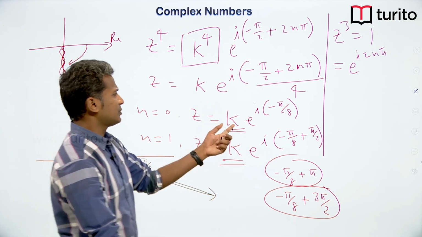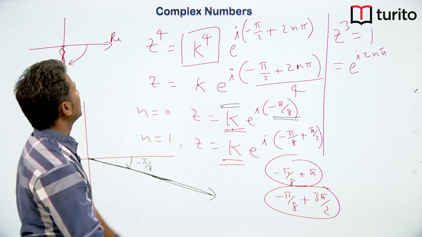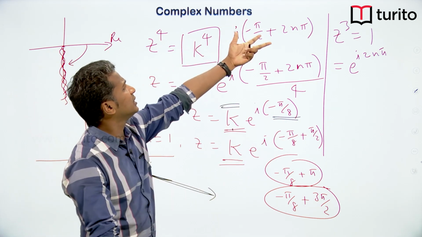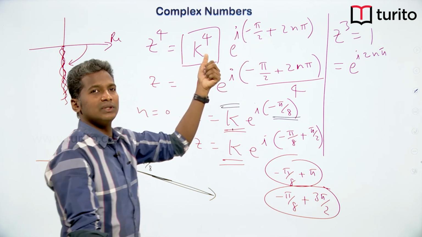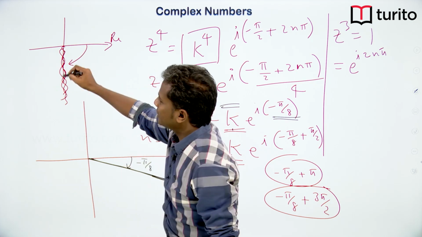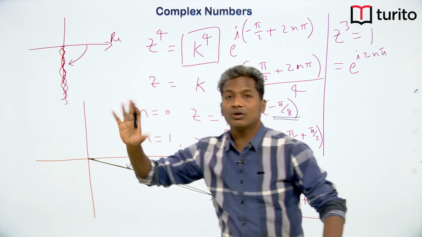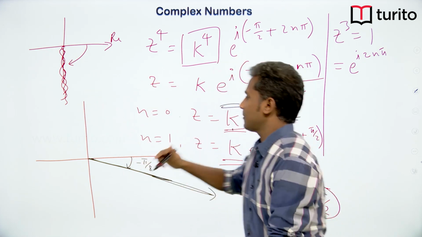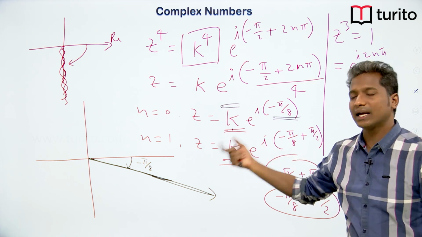So, if you observe, only the argument is constant, but the magnitude is not constant. When we took z power 4 equal to something, we fixed only the argument, not the magnitude. Why? Because on this negative imaginary axis z power 4 can be anywhere. So, magnitude is not fixed, only the angle is fixed.